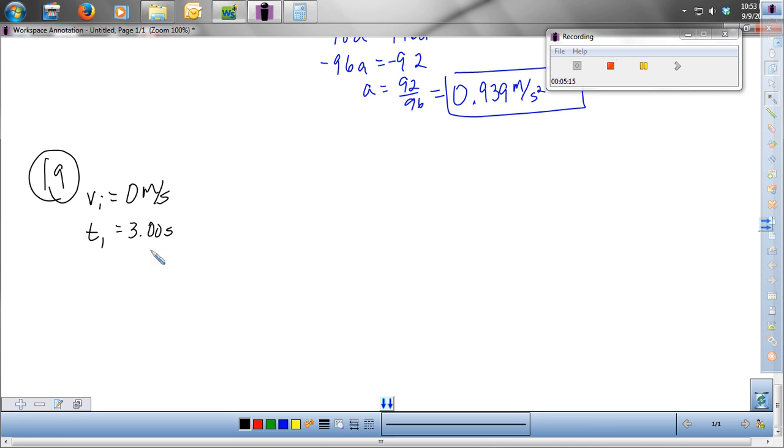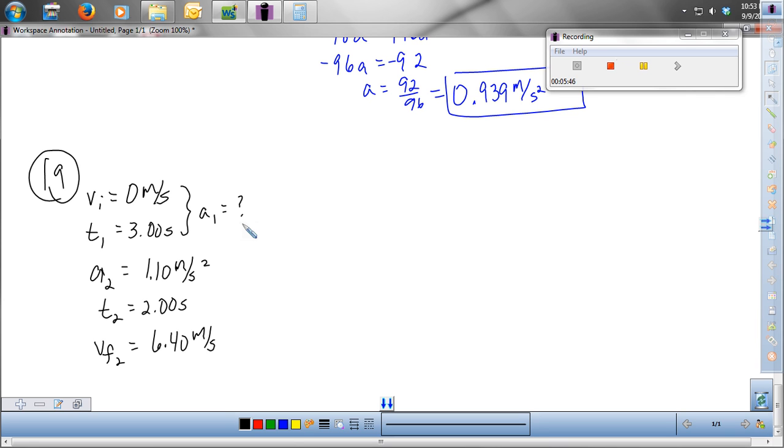Then within a negligible amount of time, he changes his acceleration, so I'm going to call that A2, which is 1.10 meters per second squared. And he maintains that for 2 seconds. And at the end of that, he has a final speed of 6.40. And they want to know what was the acceleration here.